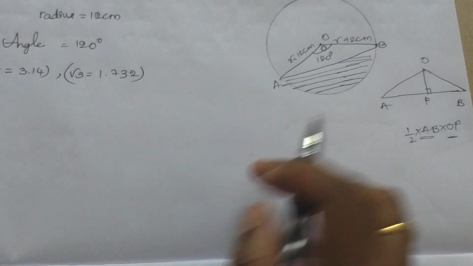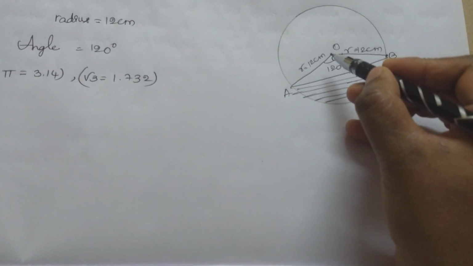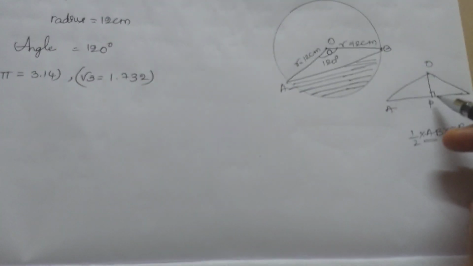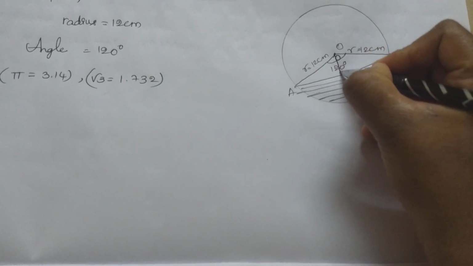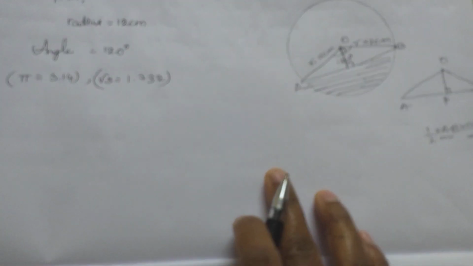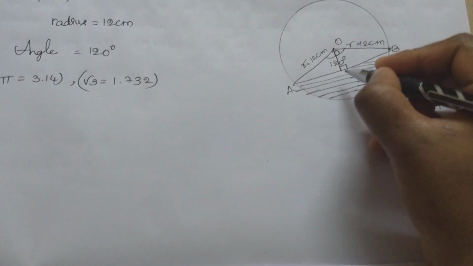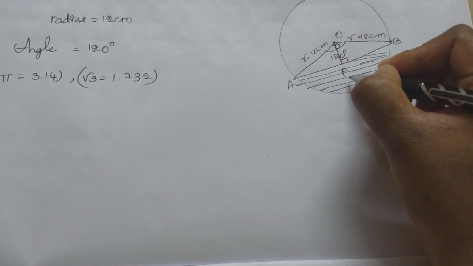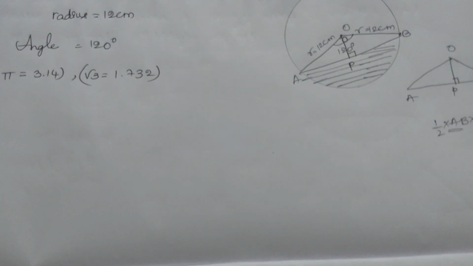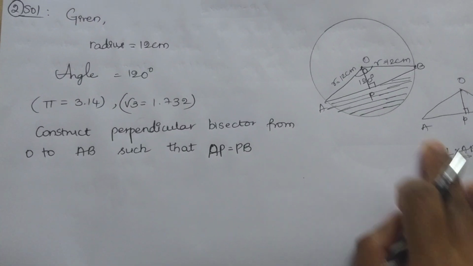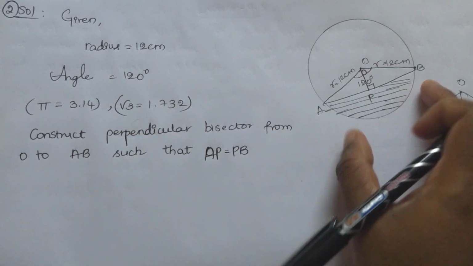See how I will do it. I will draw a perpendicular bisector from O to P, such that AP equals PB.